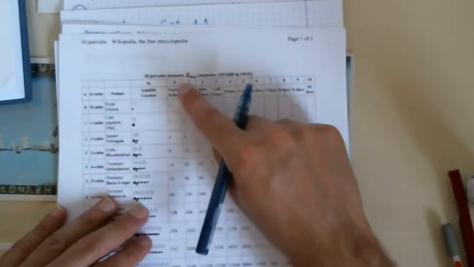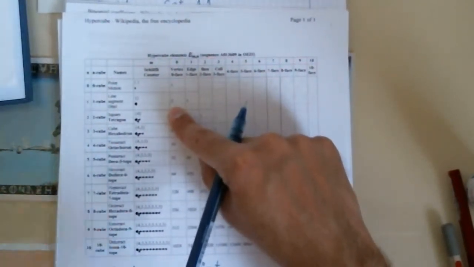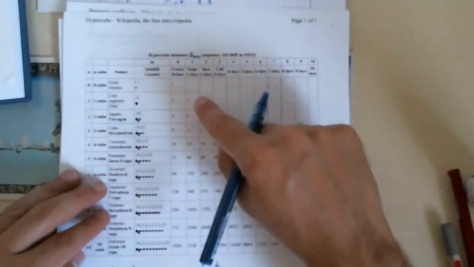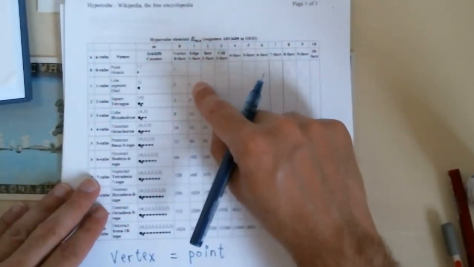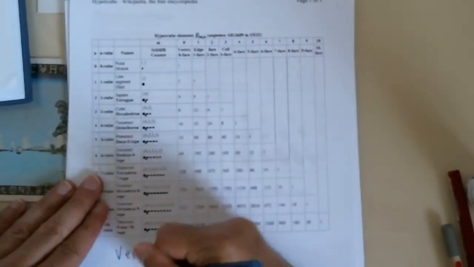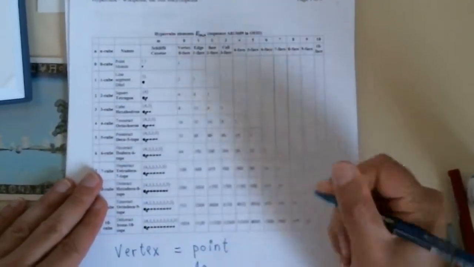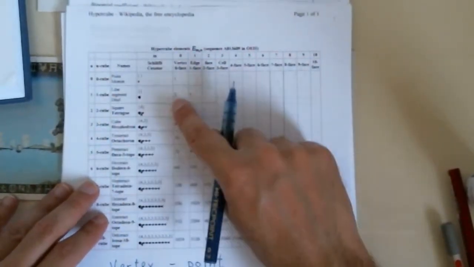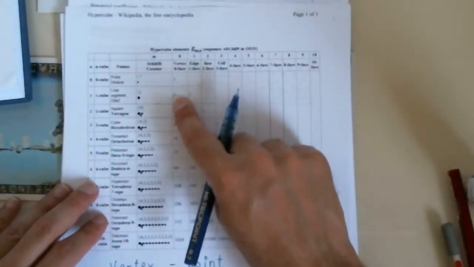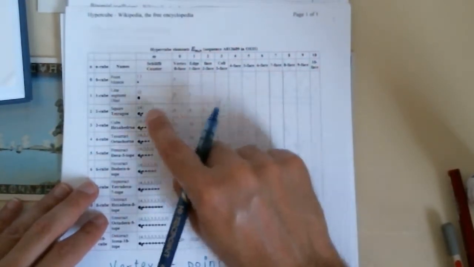A line has two vertices, 2 points in the ends of it, and one edge. Edge in their language means line, so I'm writing edge means line. So a line has two vertices and one edge, one line.